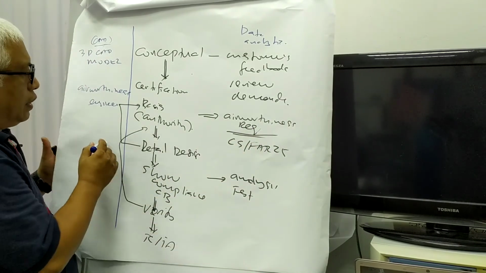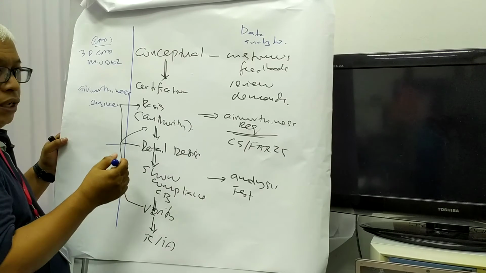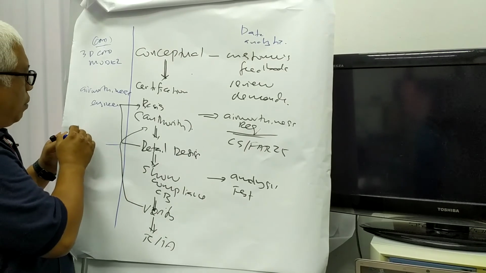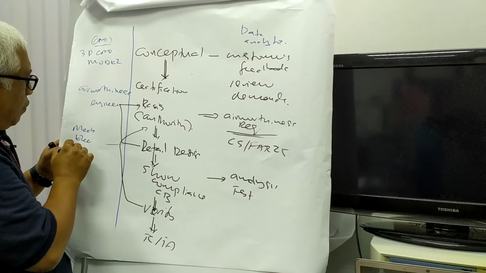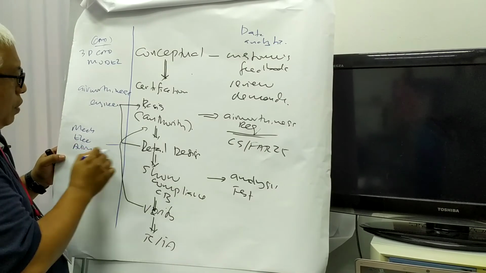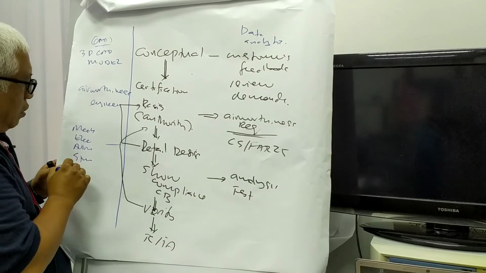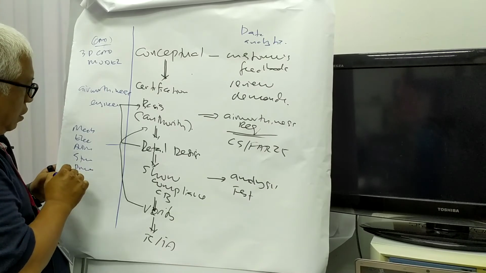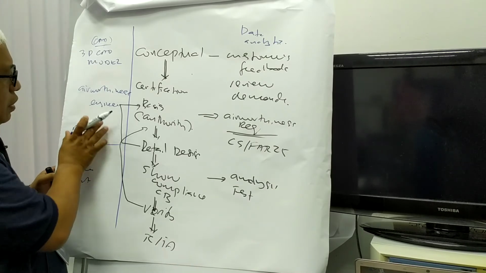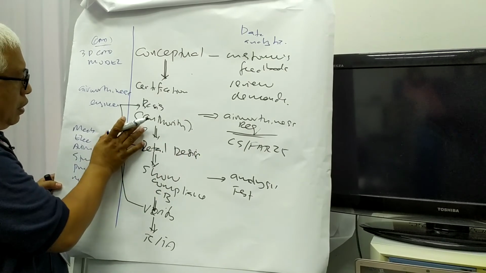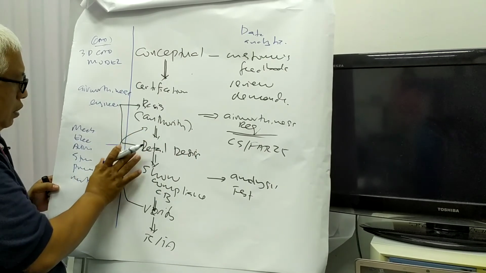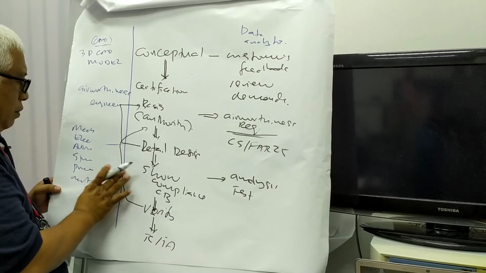And then in the detailed design, you will have all the design disciplines. You may have mechanical, electrical, avionics, structure engineer, process engineer, material engineer.